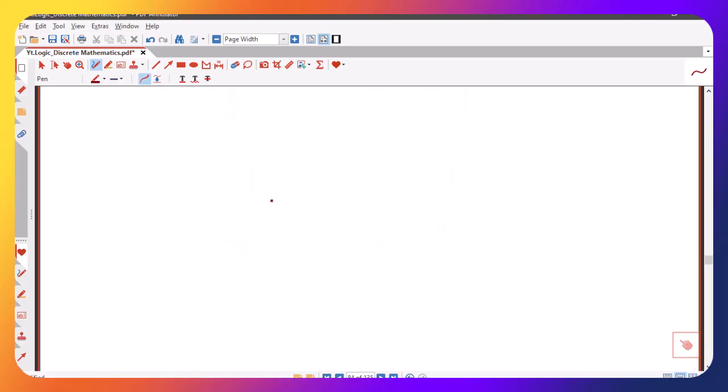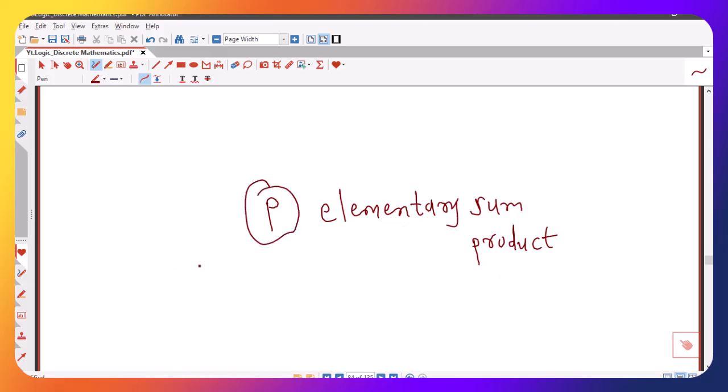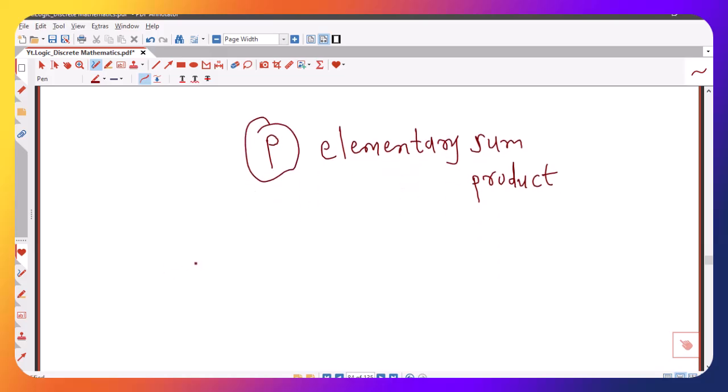Now be careful that if I am writing only one variable, then that we can consider as an elementary sum as well as an elementary product. A single variable can be treated as an elementary sum or elementary product. Similarly, suppose I have this P and Q, then because I am using AND operator here, this I can treat as conjunctive normal form.